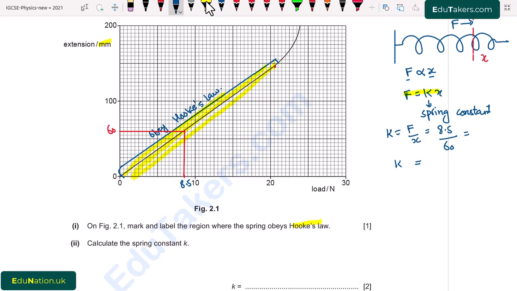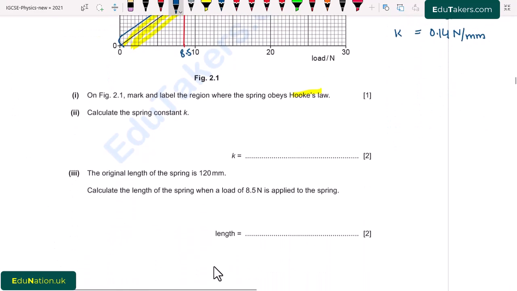I write here 0.14 and its unit is Newton per millimeter. So I have to write here that K is equal to 0.14 Newton per millimeter.